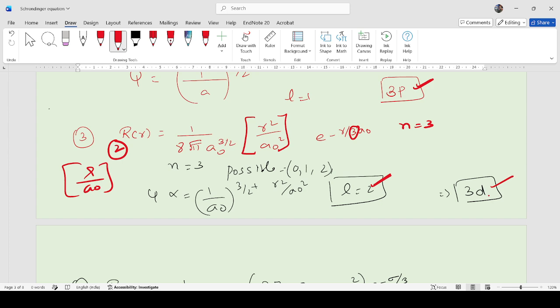So in your JEE examination, they will just give you this radial distribution function, asking you to find the radial distribution curve or the nodes. 3D has how many radial nodes? How many radial nodes does it have? 2, ma'am. How come?